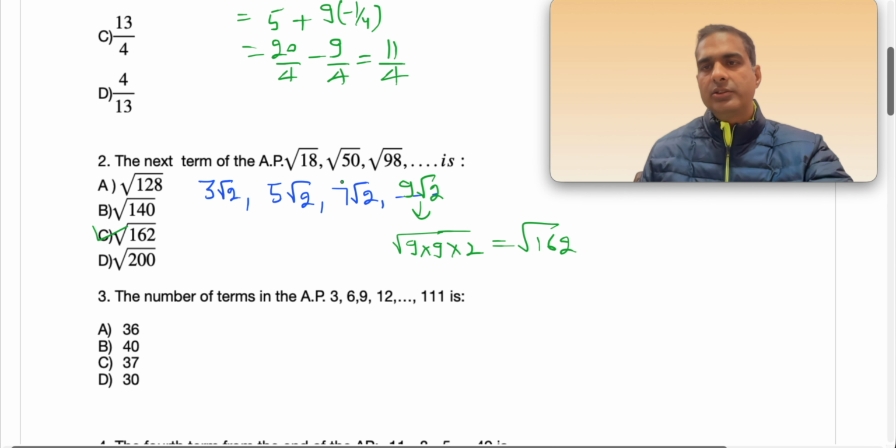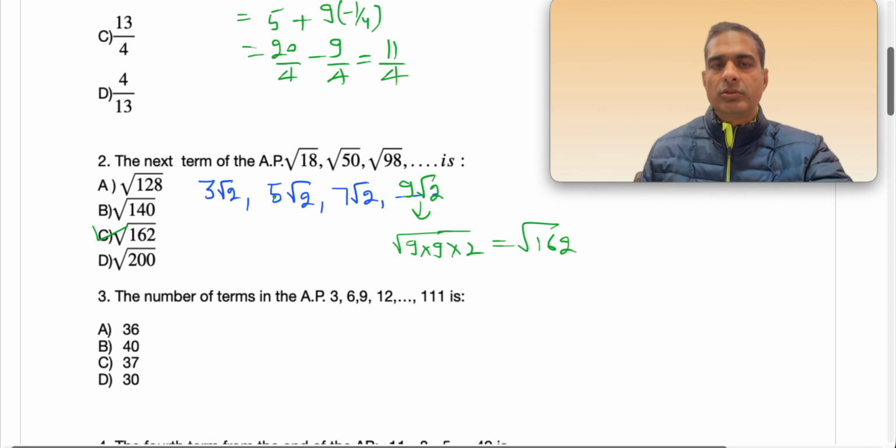So what we did in this question, this was a very simple question. Even the concept of arithmetic progression was not needed in this. We first simplified the terms just to understand how the terms are progressing. 18 was 9 into 2, so the square root of 9 is 3, 3 came out. 25 into 2, so 5 came out. 49 into 2, so 7 came out.